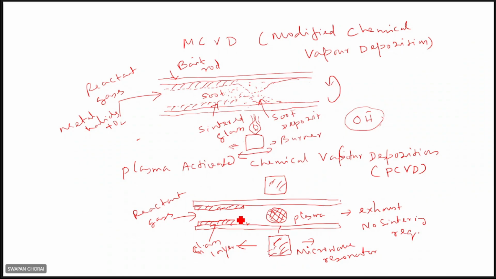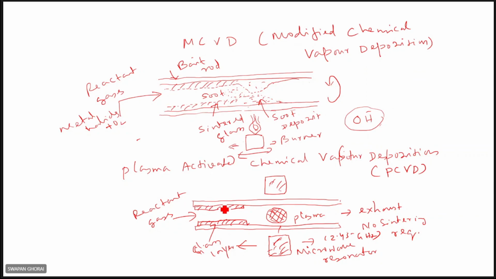The microwave resonator moves back and forth at a frequency of 2.45 gigahertz. At that frequency, it will create a plasma inside the tube to activate the chemical reactions, right?